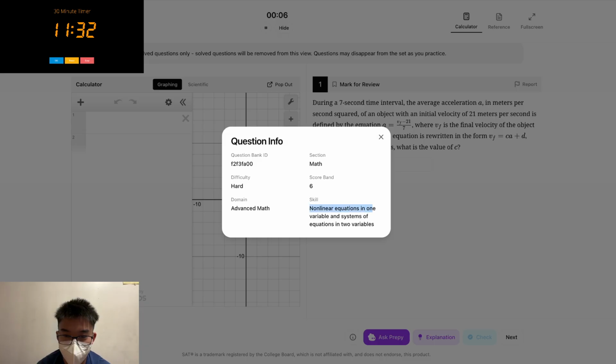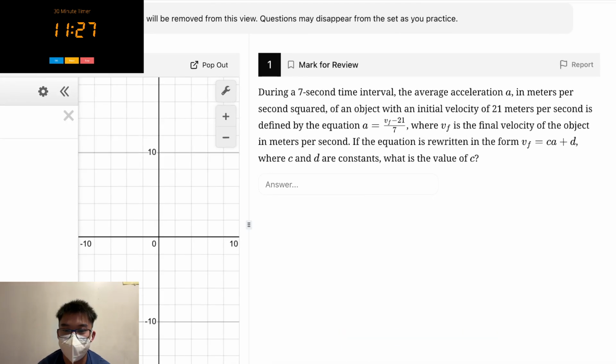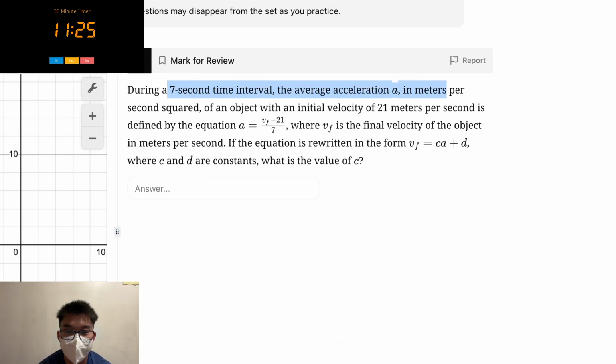Oh shoot, what question type is this? Non-linear equation. Okay, so these are the type of questions that will trip you up. During a 7-second time interval, the average acceleration is a meters per second squared. Blah blah blah, velocity is 21. Sounds like my calculus class, for you guys that are taking calculus right now.